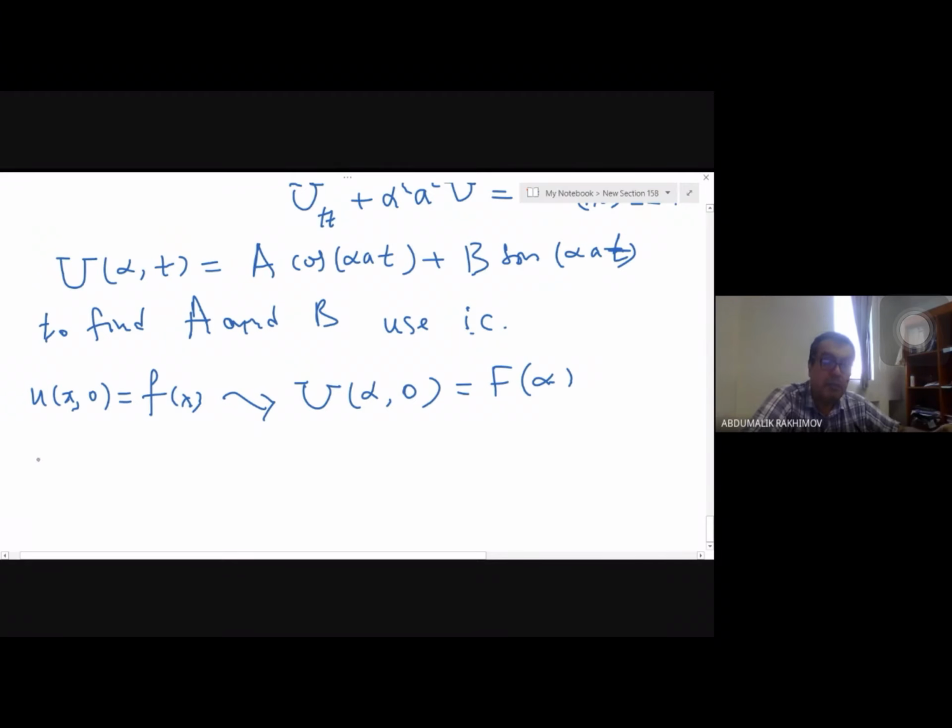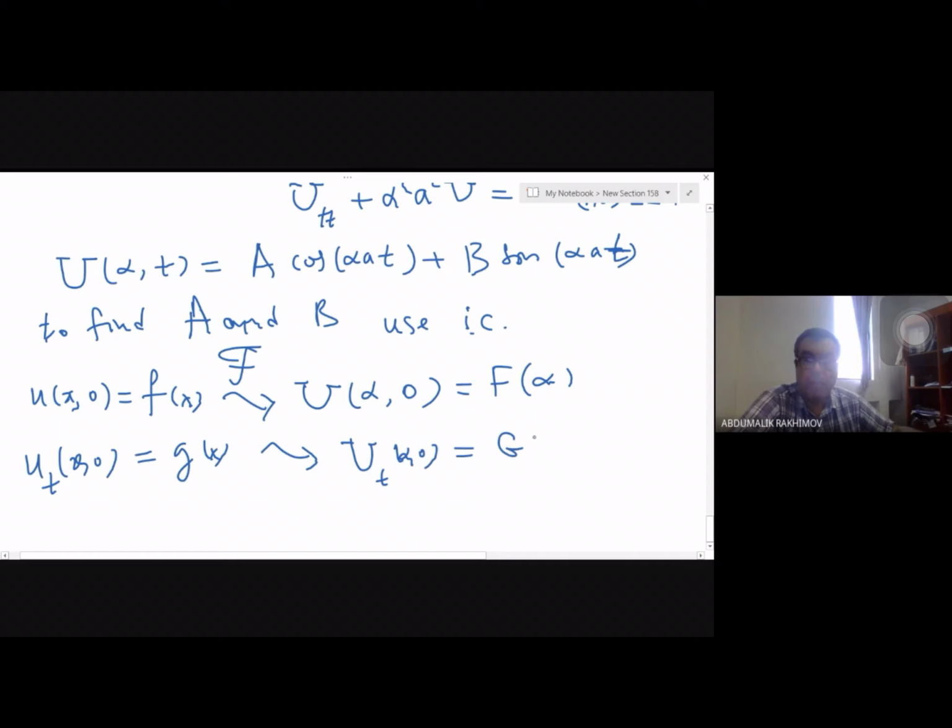Then another condition is ut(x,0) is equal to g(x). Then if you apply transformation for both equalities, then will be ut(alpha,0) is equal G(alpha). Clear? G(alpha).